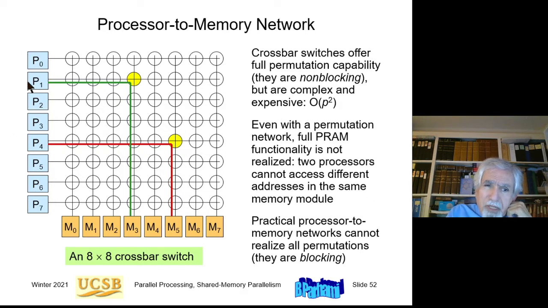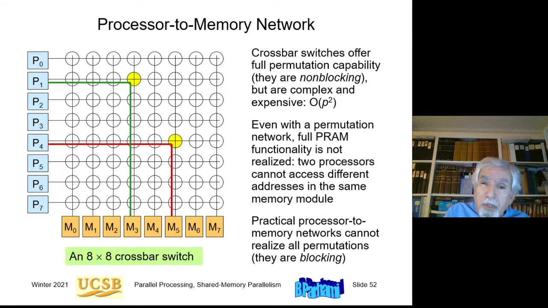So imagine if you have 1,000 processors and 1,000 memory modules, the cost will be 1 million switches. So it's not very scalable, and it's expensive, and as I mentioned, energy hungry. It uses a lot of energy.